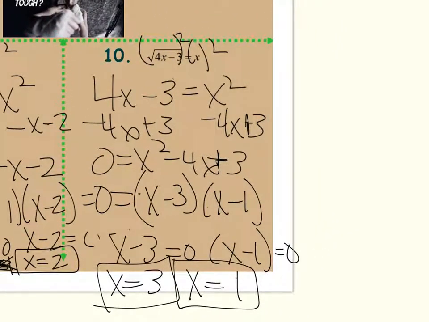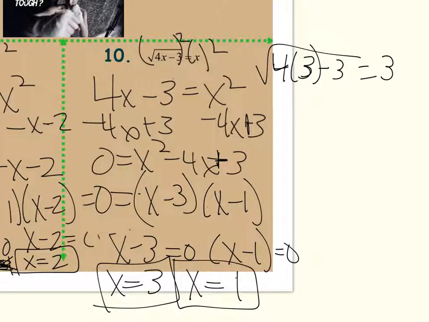So if I put it back in here, I get the square root of 4 times 3 minus 3 equals 3. So this becomes 12 minus 3. This becomes 9.